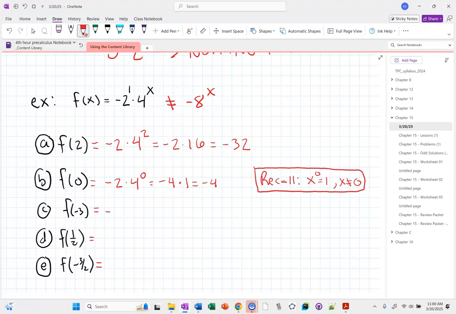If I plug -3 in, I'd have -2 times 4 to the -3rd. What does a negative exponent mean? It's like a reciprocal, right? We flip it. So that would be -2 times 1 over 4 to the 3rd. 4 to the 3rd is 64.